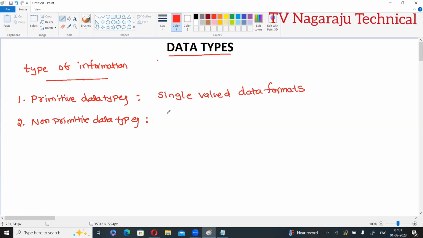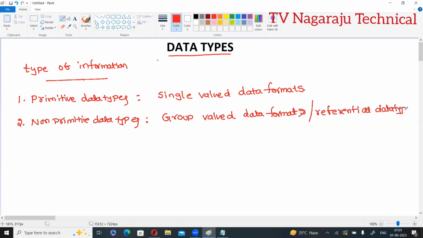Non-primitive data types are the group valued data formats. These non-primitive data types are also called referential data types.